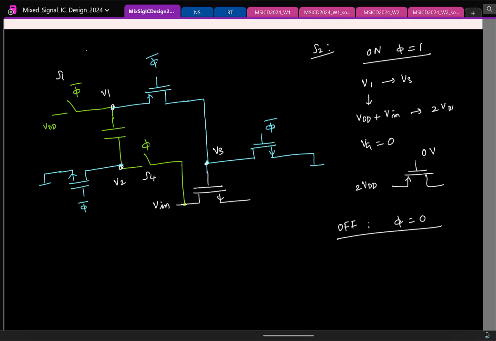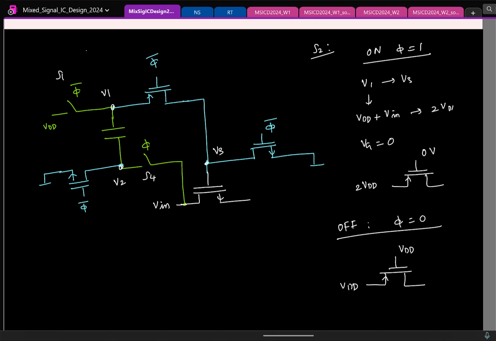When it is off, phi is 0, which means V1 will be connected to VDD. Fine. If I draw the PMOS switch, this is connected to VDD. Gate is also at VDD. So the switch will be off, no issues. Just double checking things. Is that fine? So remaining we have 2 more. Let's do that.